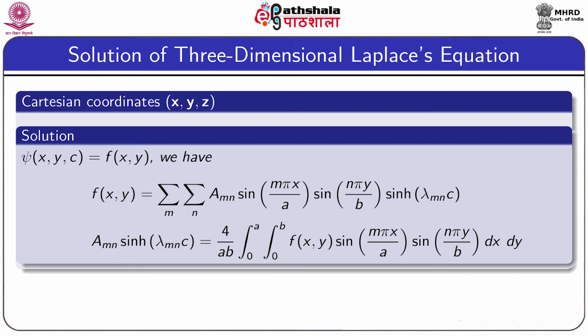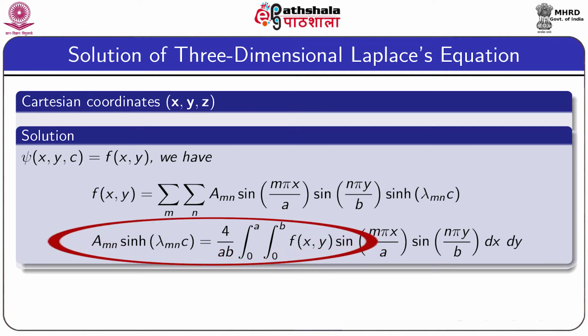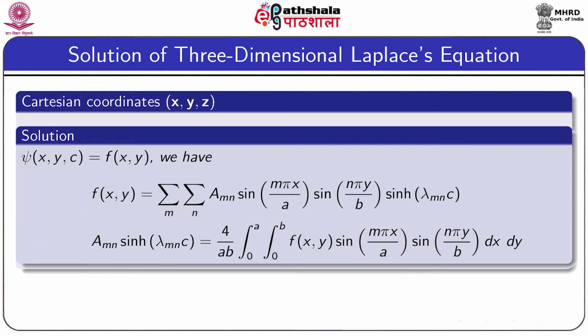That will give the values of A_mn through this relation. To find the values of A_mn, we have to use the orthogonality property of sine functions. Using that property, we can find the values of A_mn, which is given here.